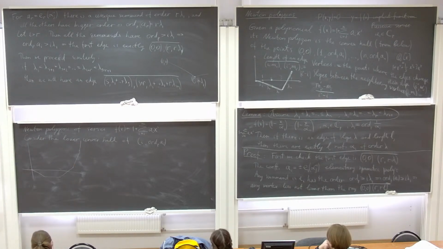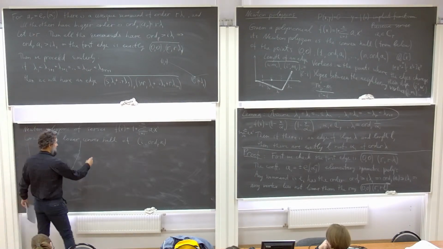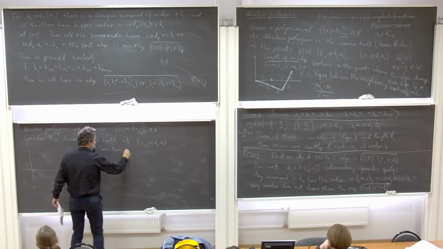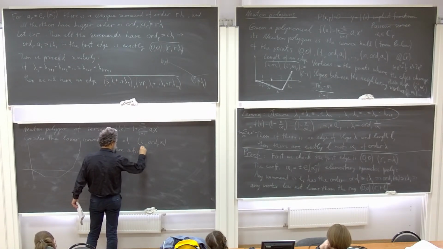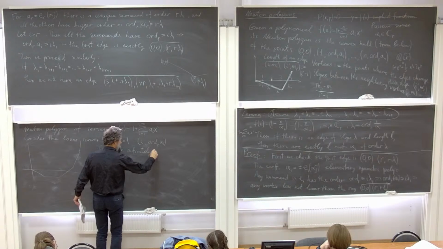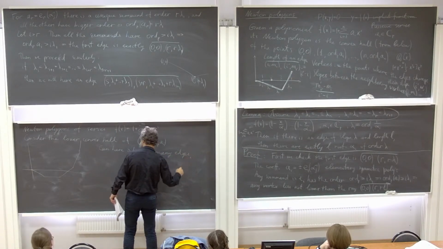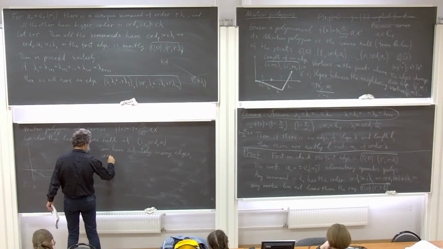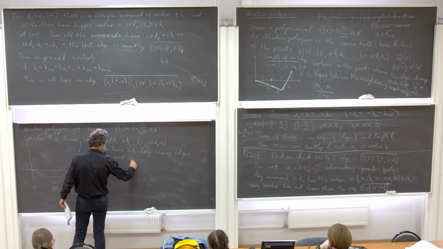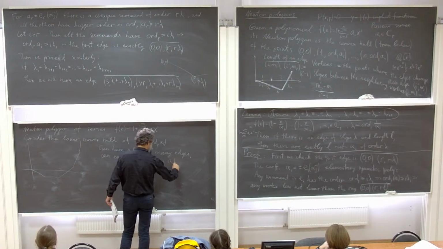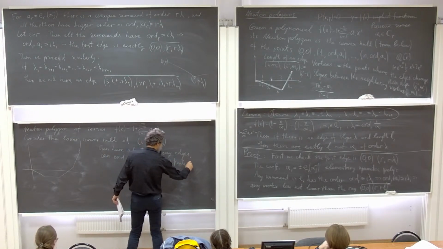So it can be infinite. Also, it can end up with an infinite ray. It can have infinitely many edges, or can end up with an infinite edge.